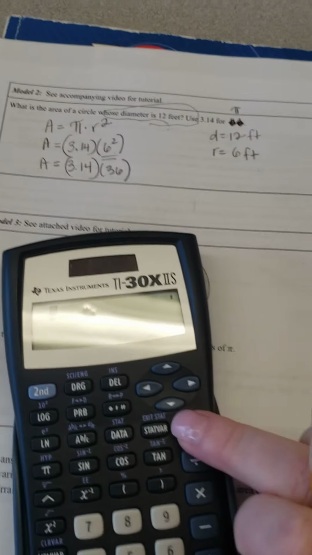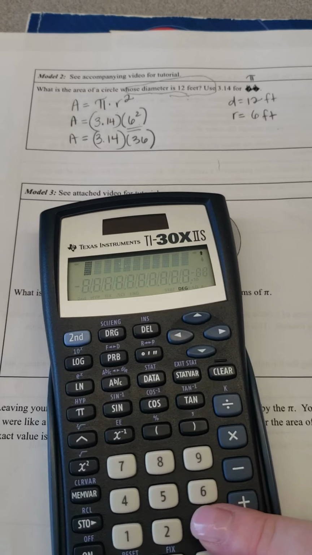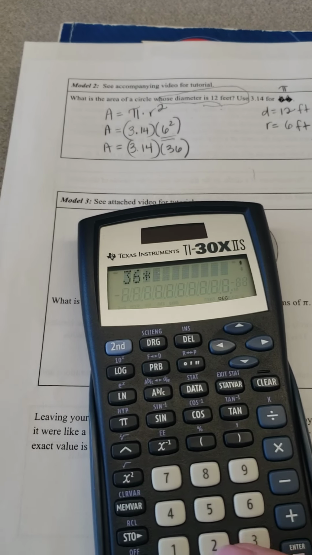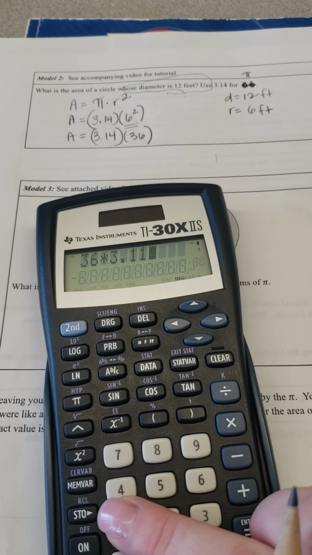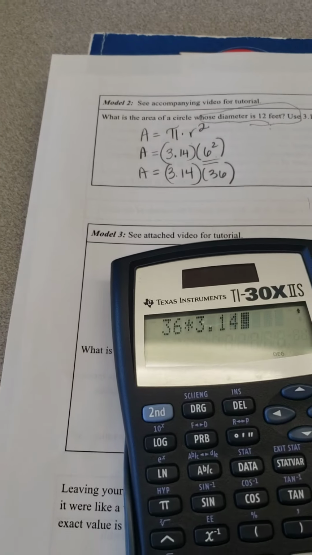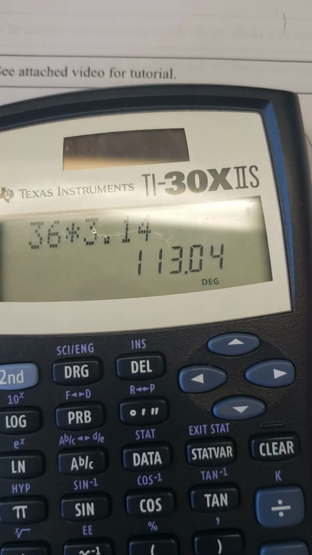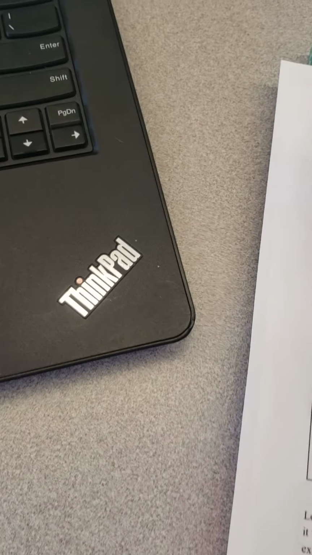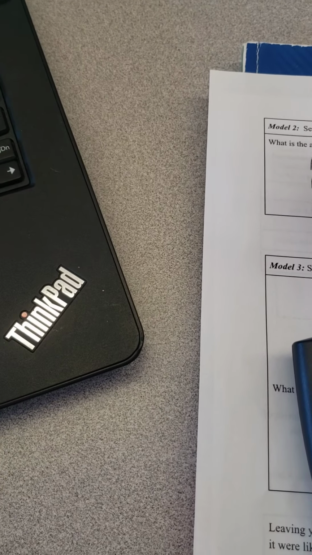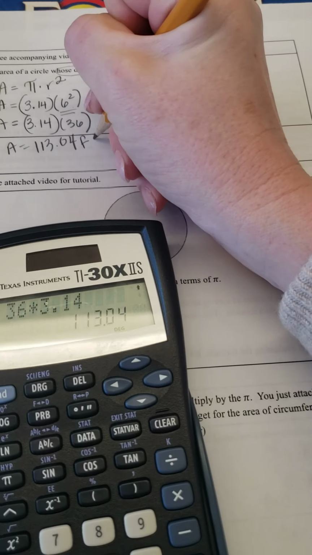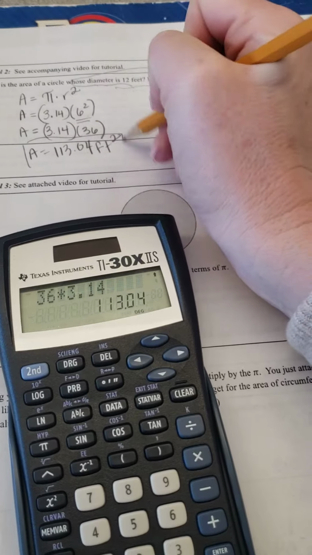Okay, then in the calculator, 36 times 3.14. Okay, and we get 113.04. Remember your units in this case, which are feet to the second power.